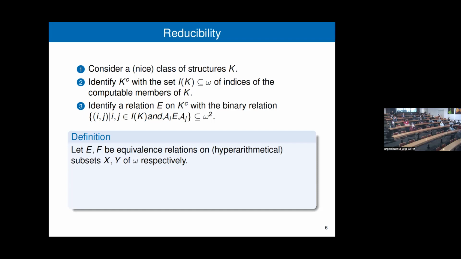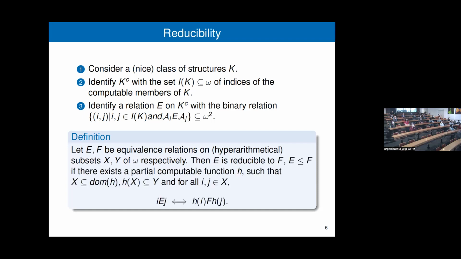We use here a slight modification of the usual notion of computable reducibility on the natural numbers. In general, we have two equivalence relations on the natural numbers, and we say that E is reducible to F if we have a computable function such that i and j are E-equivalent if and only if the images are F-equivalent.